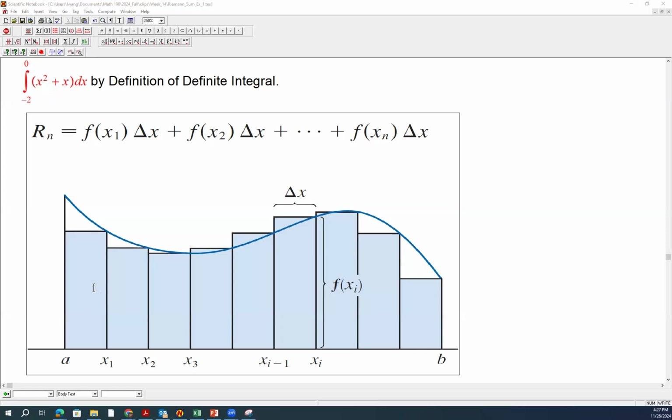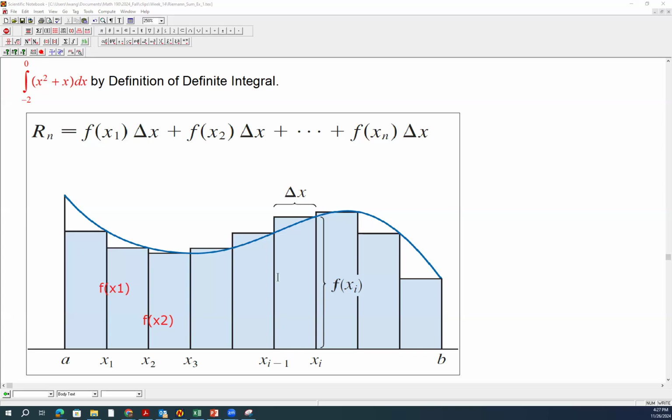So this height is f of x1. You can see this height is f of x1, and this height is f of x2. And for the ith one, we're going to choose the right endpoint, and so on and so forth.